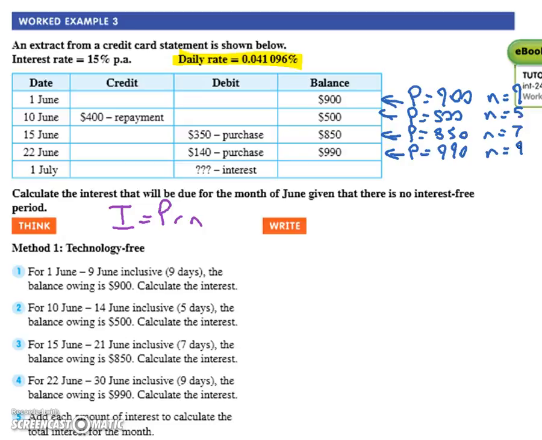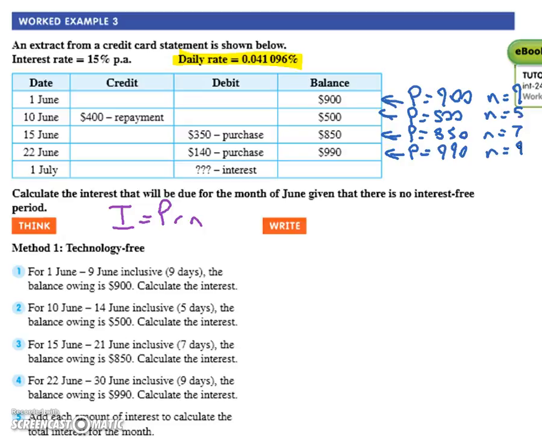Yes. Okay, can you see what I've done? What does the formula require? It requires 3 things. What are they? P, R, N. Cool.